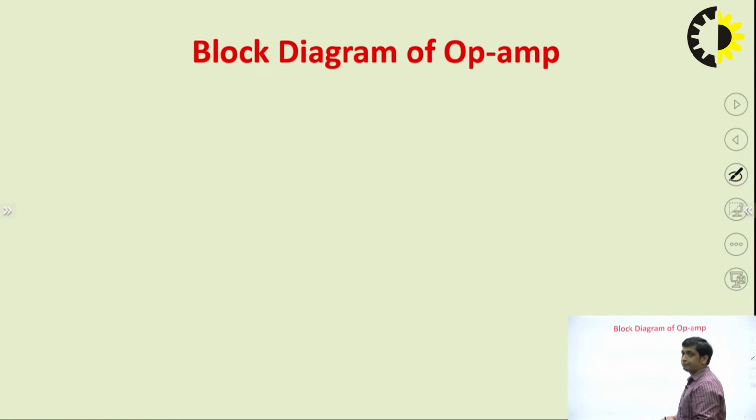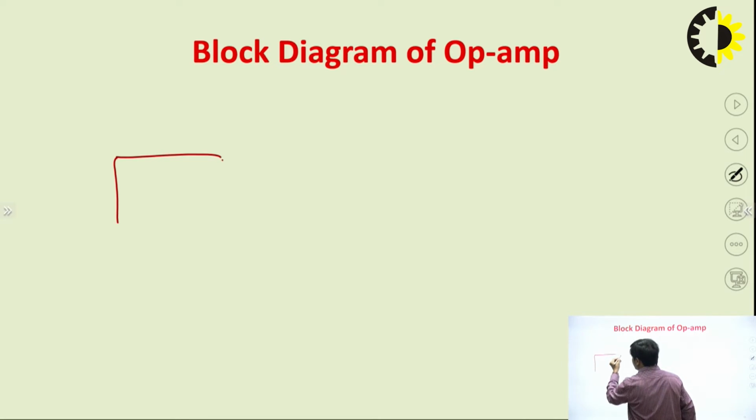Now coming to the block diagram of the operational amplifier. Like I had mentioned, this operational amplifier is normally a multi-stage amplifier, and the first stage of any op-amp will always be a differential amplifier.